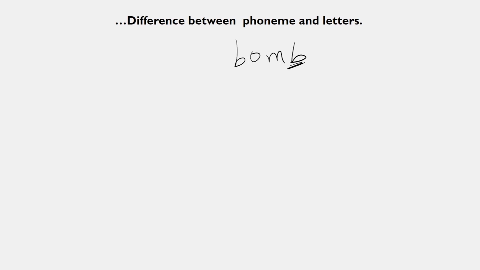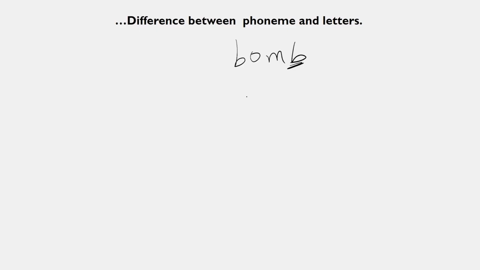So, in differentiating between phoneme and letters, we can say that some letters in a word may not be found in the sound. Some of the letters will disappear and only the phonemes will come up. So for a word like bomb, this becomes the sound.